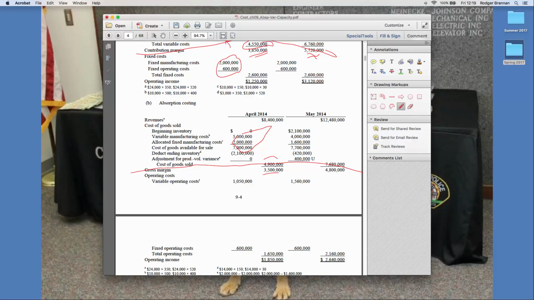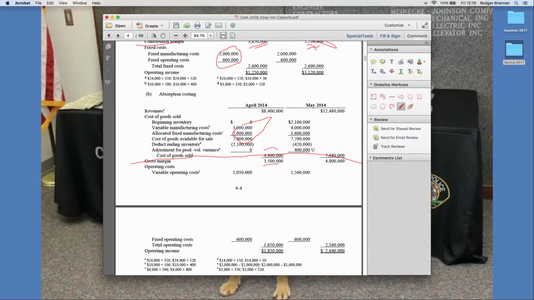And so I have the 1.85 million, which is exactly what I would have anticipated. In other words, remember I said because inventory was increasing, I would anticipate, at least with respect to the first period here, absorption costing would have more operating income than would variable costing.